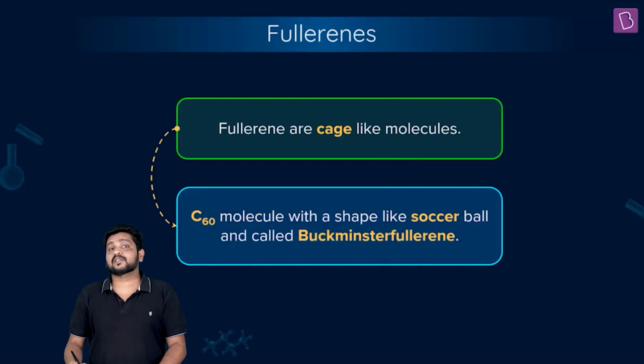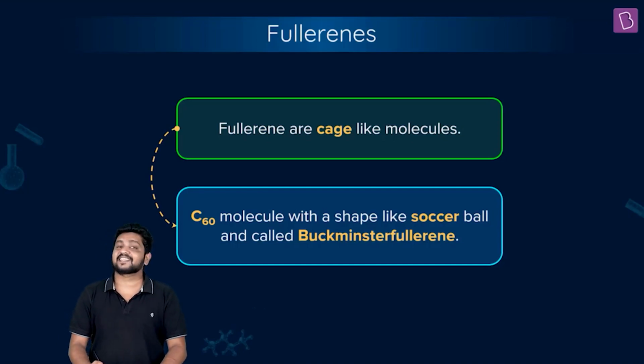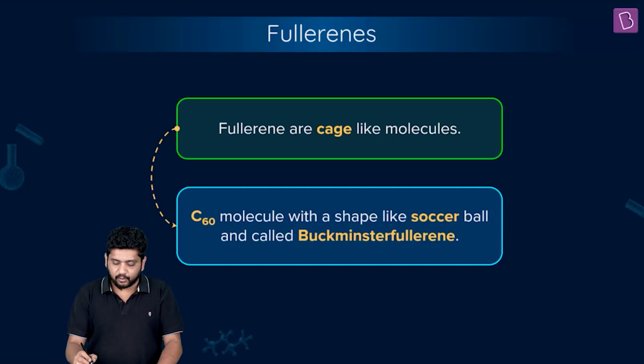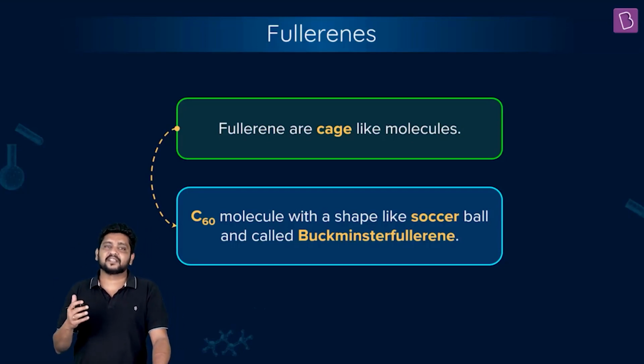Next was about C60. It said that it has 20 5-membered rings and 12 6-membered rings, right? As far as C60 is concerned, it is one of the forms in which carbon exists. Carbon nanotubes and all of these have very specific conditions under which they are formed.